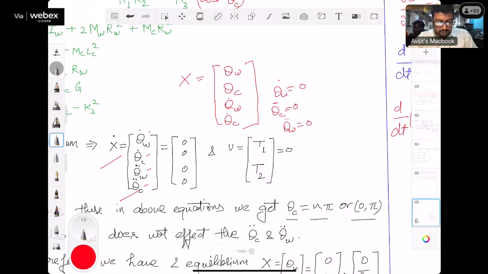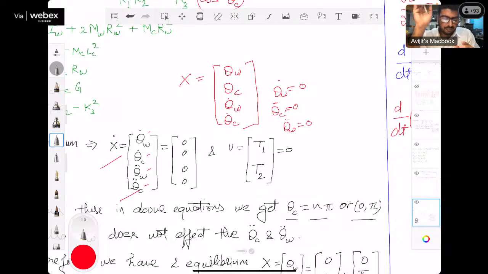So at equilibrium, as you have just understood, the states are theta w, the angle of the wheel, theta w dot, the rate of change of the wheel angle, theta c, the angle of the body, and theta c dot, the rate of change of the angle of the body. At the equilibrium point, the rate of change of state becomes 0.